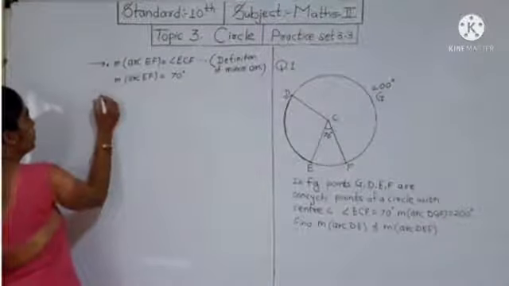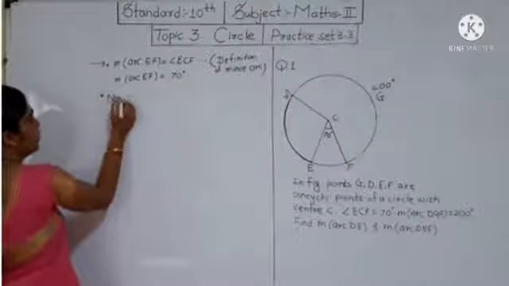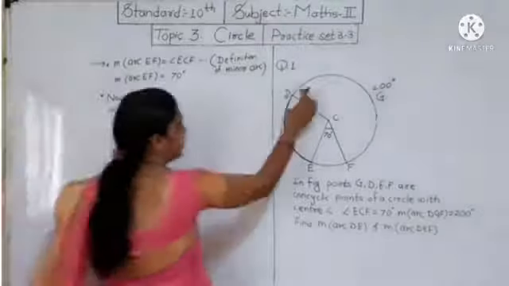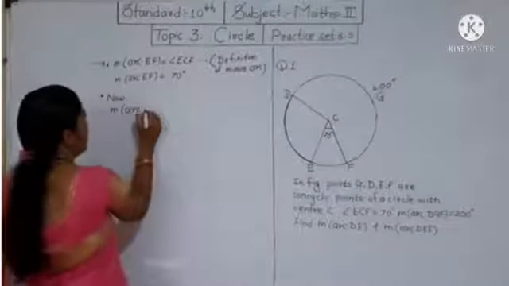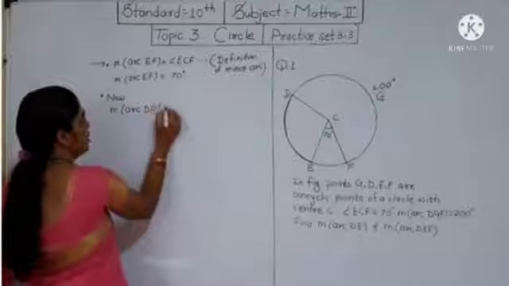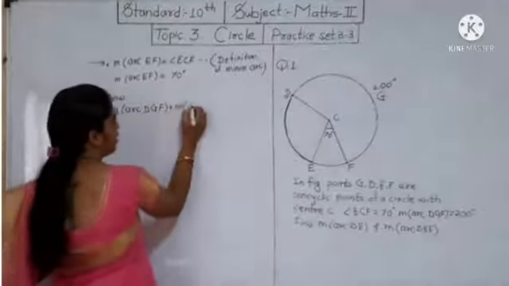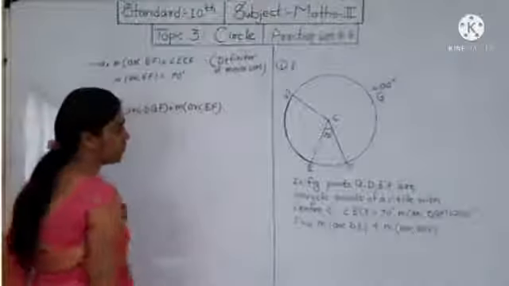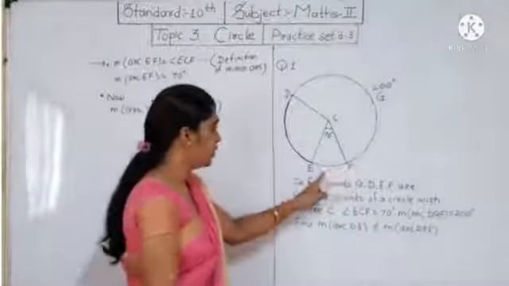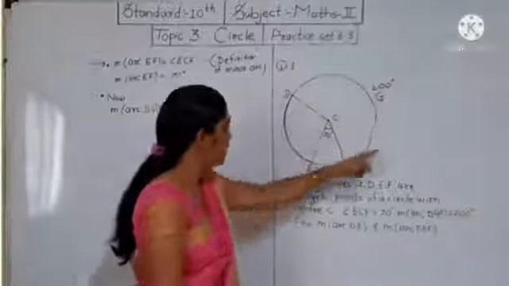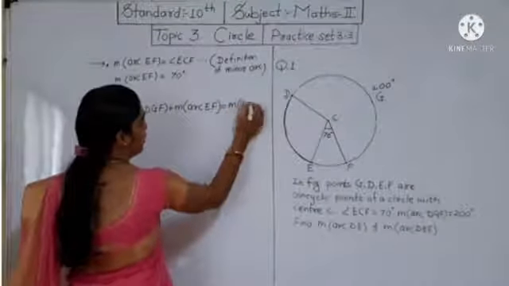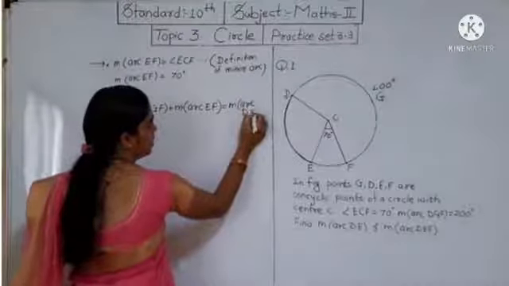Now major arc DGF plus major arc EF is equal to major arc DGE.